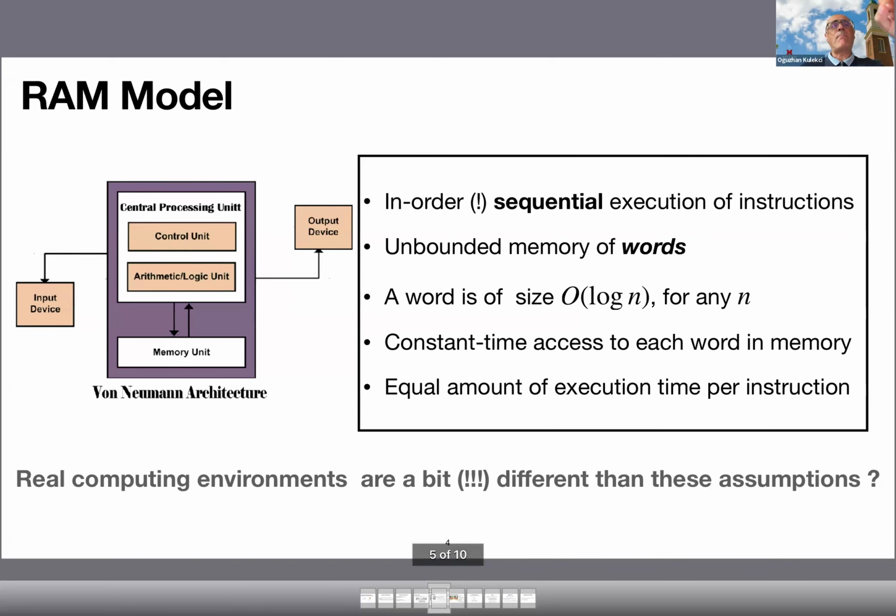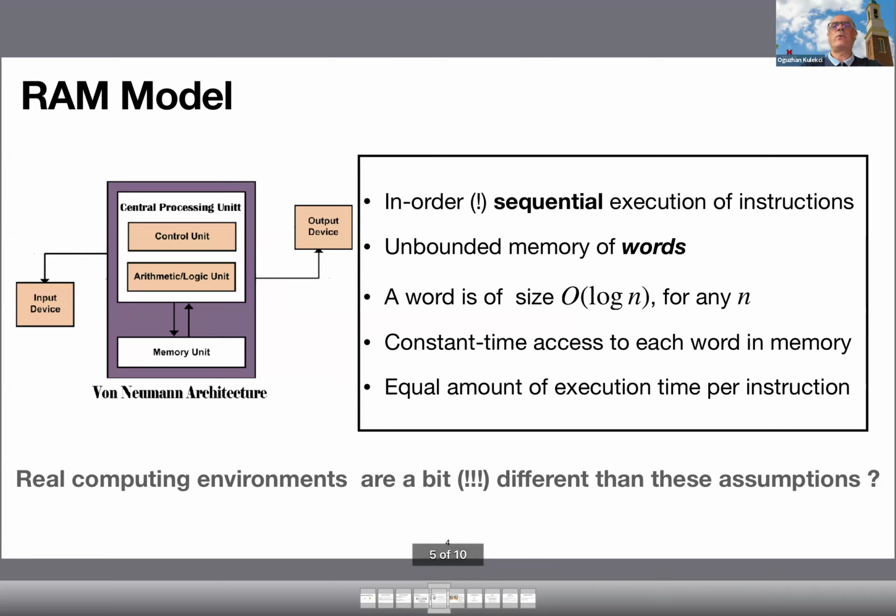Okay, with the RAM model, the random access memory model, we assume that the execution of the instructions is sequential. It is one by one, no parallel execution. No instructions can execute at the same time. So this is just for theoretical assumptions that we will be using in the algorithms class.